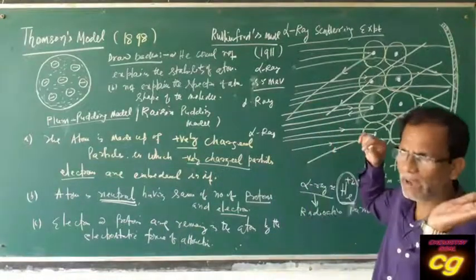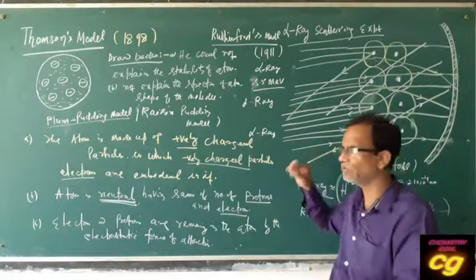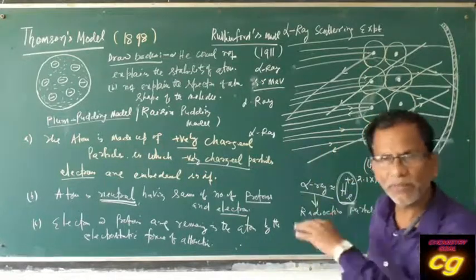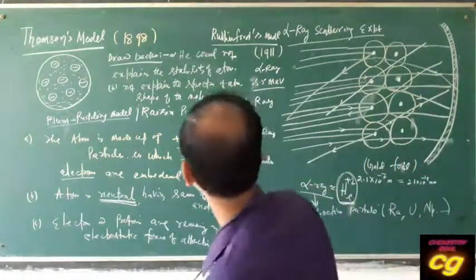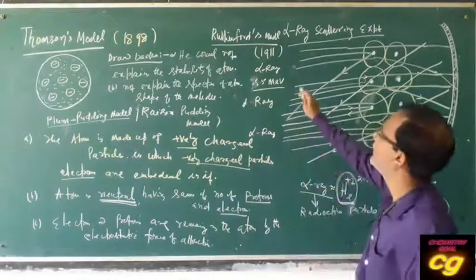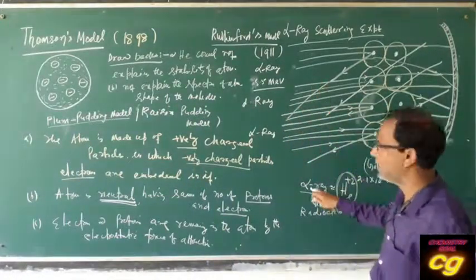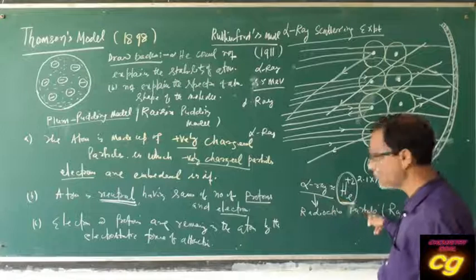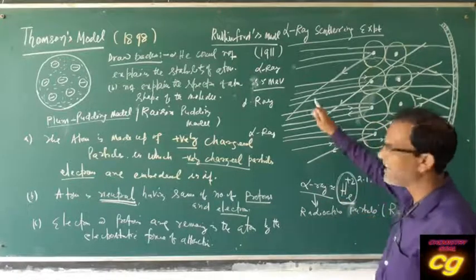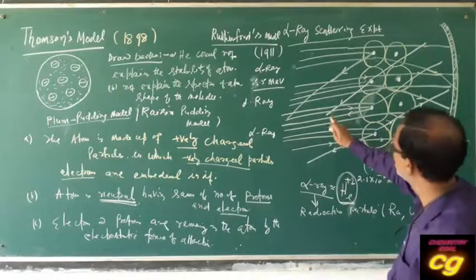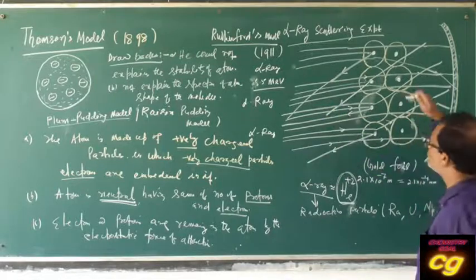When the radiation passes through the slit, a small beam of ray is produced, which is then allowed to penetrate.